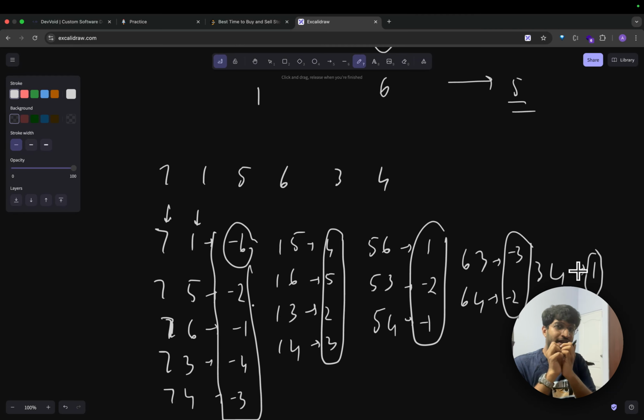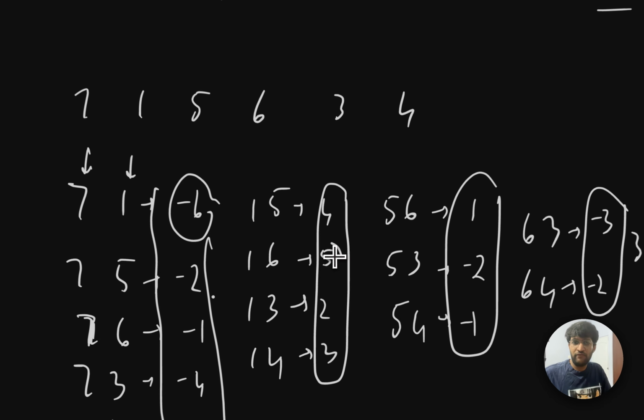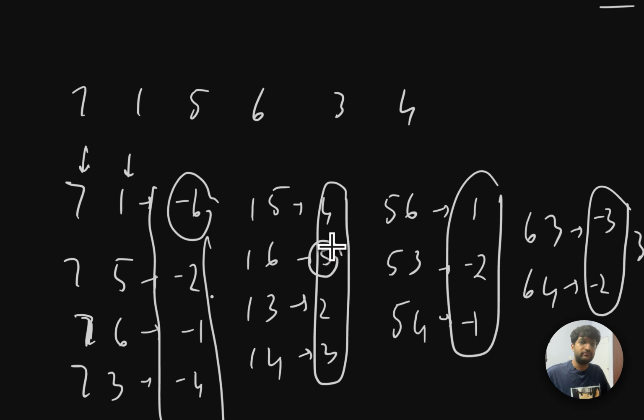Then 1 as the buy date, then 5, 6, 3, 4 as the sell dates. 5 as the buy date, 6, 3, 4 as the sell dates. 6 as the buy date, 3 and 4 as the sell dates, and finally 3 as the buy date and 4 as the sell date. Now we have every single combination of buys and sells, and we just compare the profits and see that this is the highest profit I get, and boom, we get the answer.